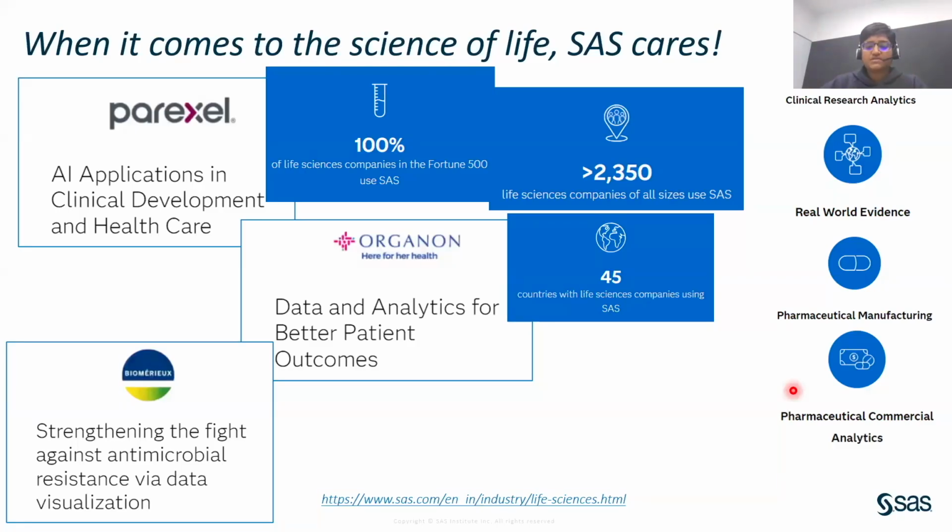Now, all of these different use cases or areas are achieved with three major buckets of the SAS software. One relates to artificial intelligence. You have a lot of inbuilt point and click predictive modeling and machine learning modeling techniques available on the SAS platform.